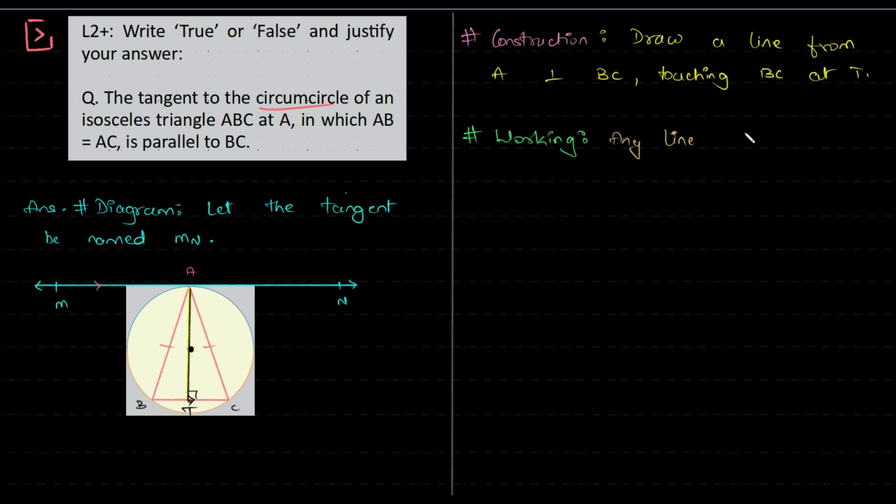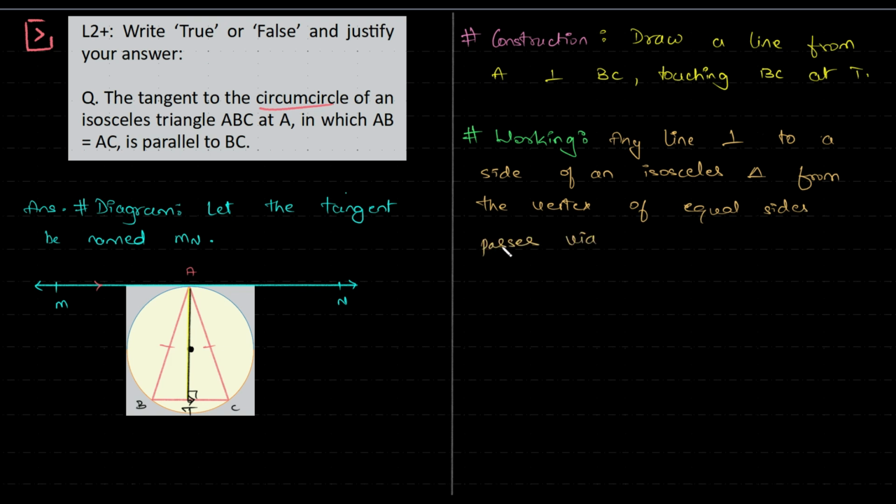Any line perpendicular to a side of an isosceles triangle from the vertex of equal sides passes via the circumcenter.